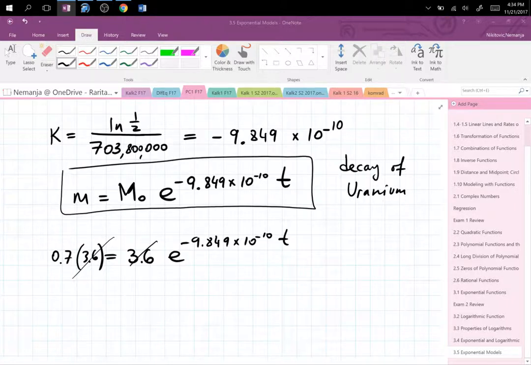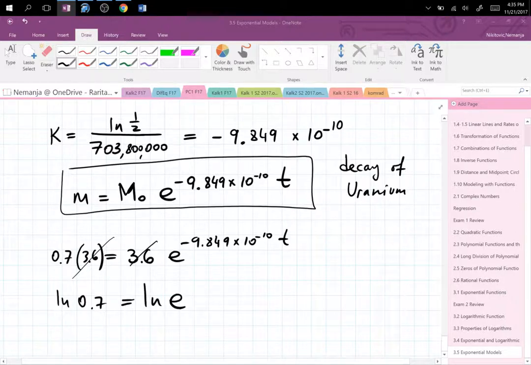The 3.6 will cancel on both sides, and t is the only variable you will calculate using ln, obviously. So we have ln of 0.7 is equal to ln e to the negative 9.849 times 10 to the negative 10 t.